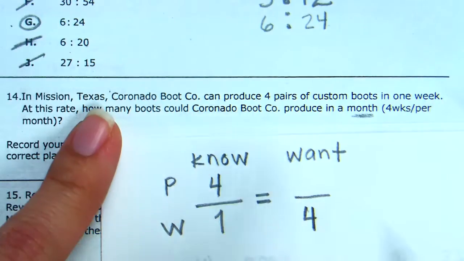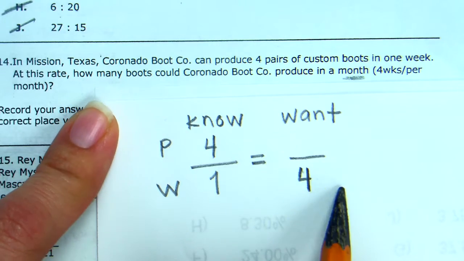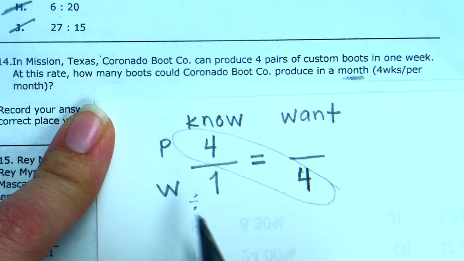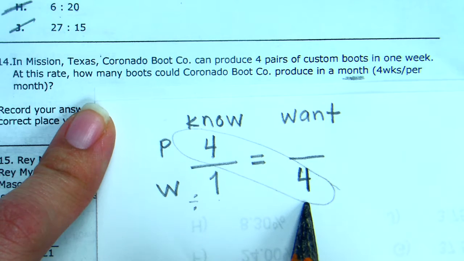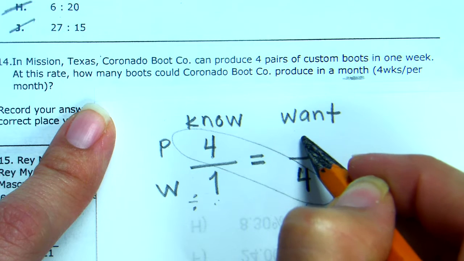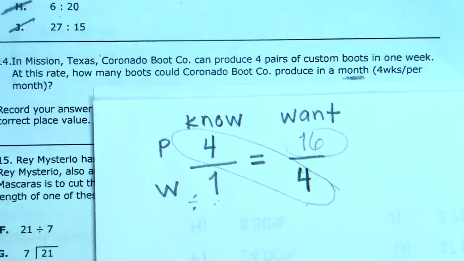So this is the setup using proportions. Remember, once you have the setup, you cross multiply, and then you divide by the one that is alone. So 4 times 4 is 16, divided by 1, you get your answer. 16 pairs of boots.